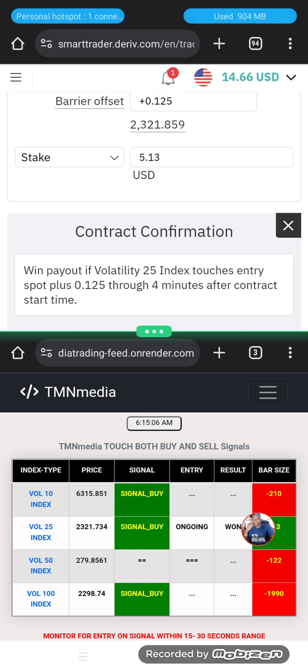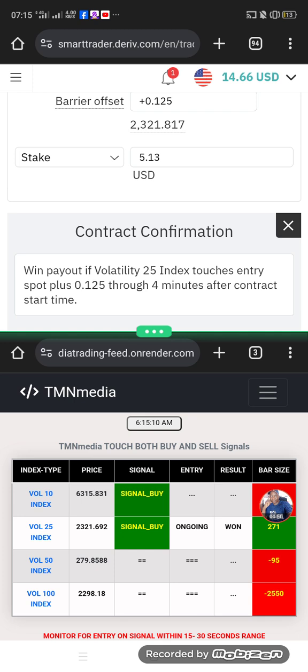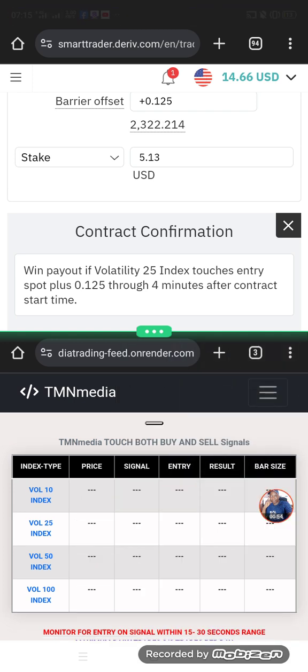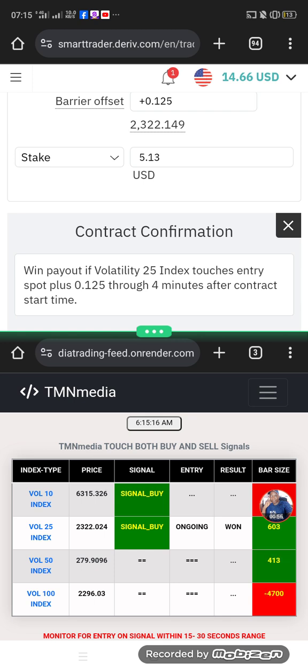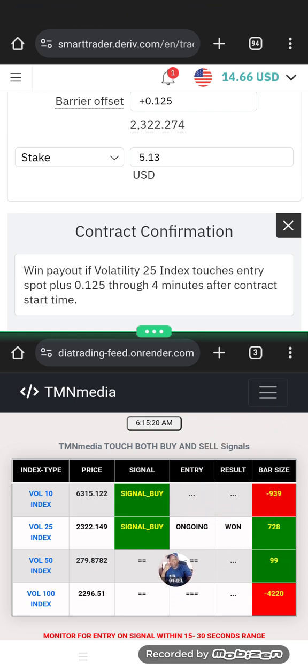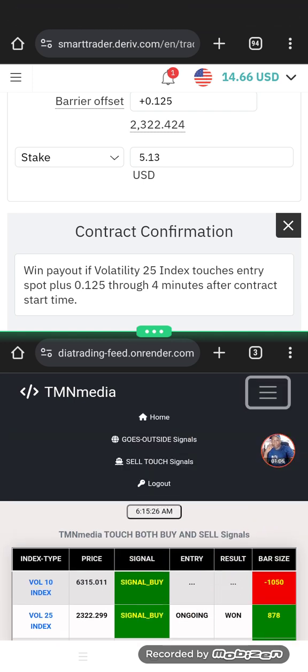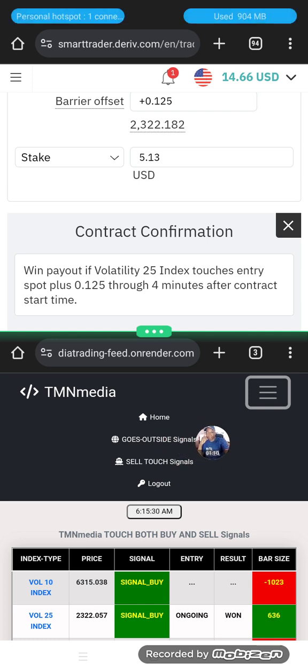I actually wanted to first show you by refreshing the page so that you can get to know. Now, this is from my signal setup. I felt the need to put a signal setup that can do both buy and sell, but this is for touch. Outside, you have goes outside, which is the home page.